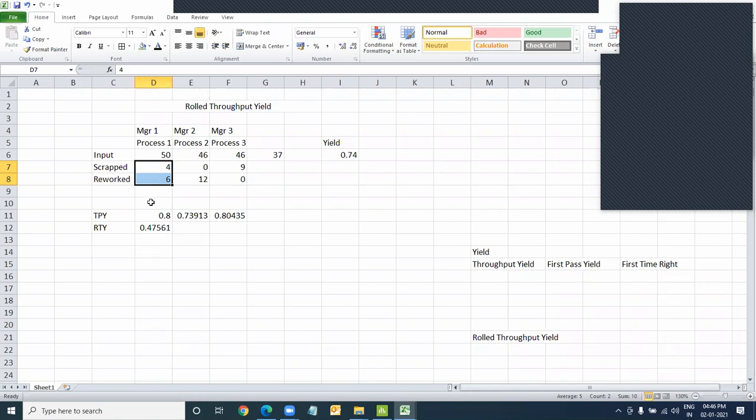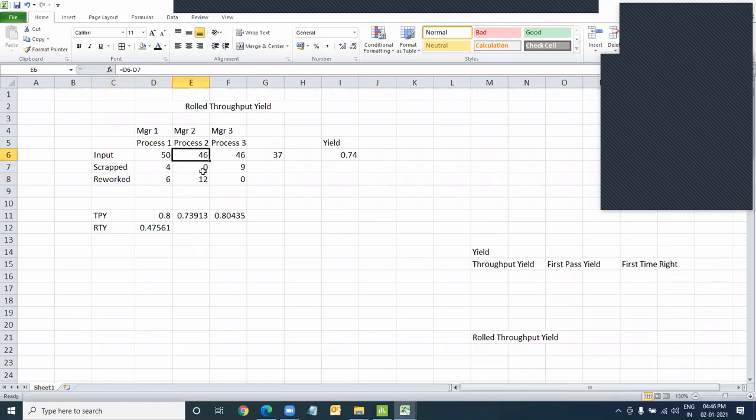So 40, which was initially good and error free, plus 6 reworked and fixed, became 46. We lost 4 here, scrapped, completely beyond repair. So only 46 moved to stage 2.